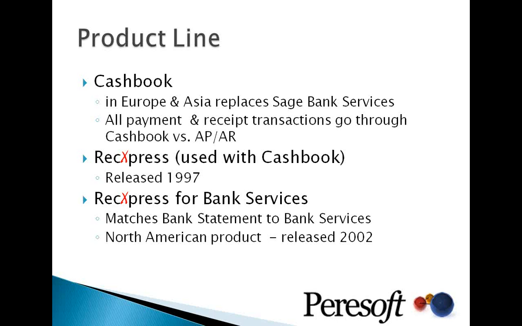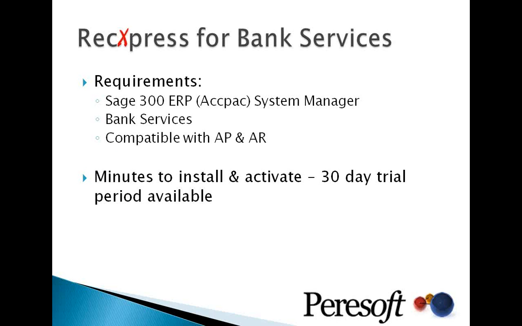They then developed a product called RecXpress, and that product is to be used specifically with Cashbook. And then in 2002, they developed RecXpress for Bank Services, which is the product that we'll be reviewing today, and it is the product that we represent here in North America.